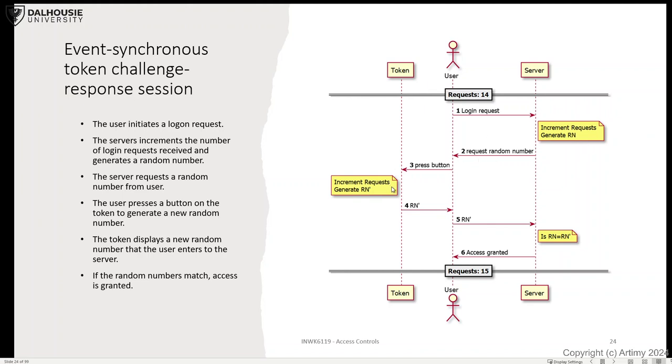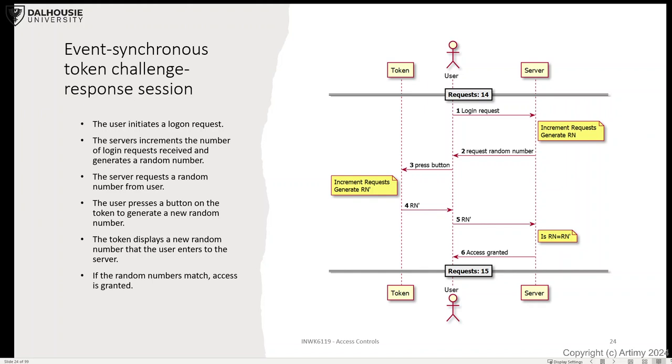So both algorithms will generate the same random number. The user will enter this random number and they match and the access is granted. All right, so in this case, it doesn't require time synchronization. They just need to keep track of the number of logins each one. So the server always has the same login number as the client.